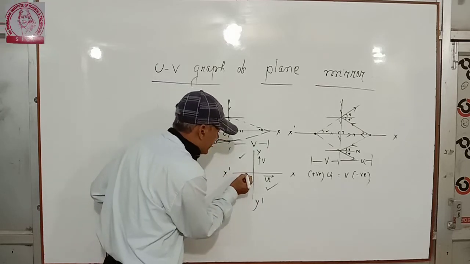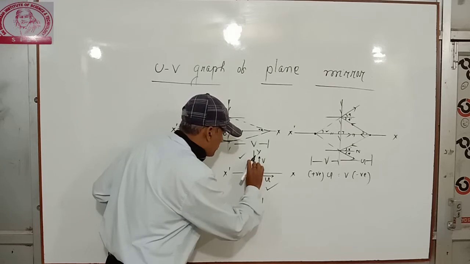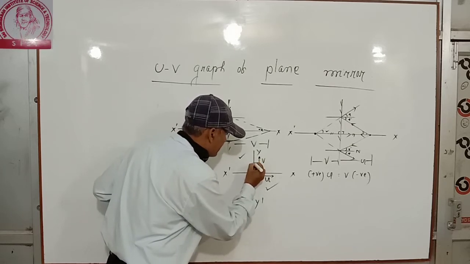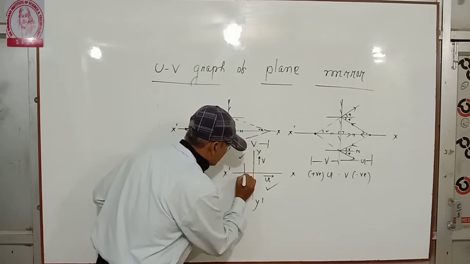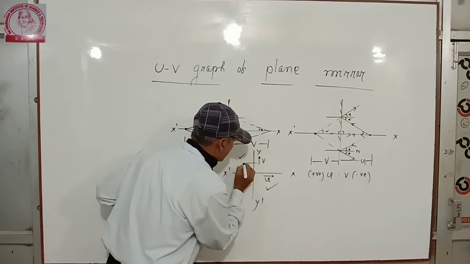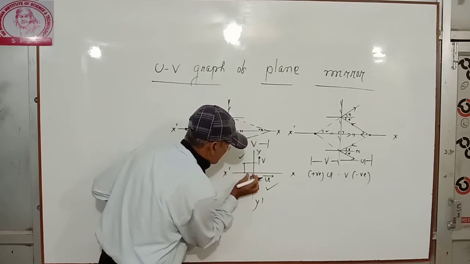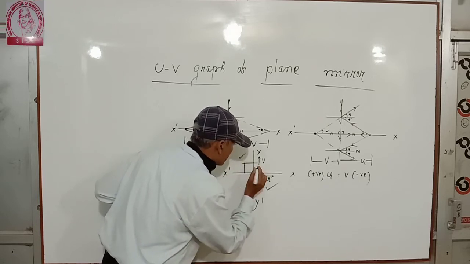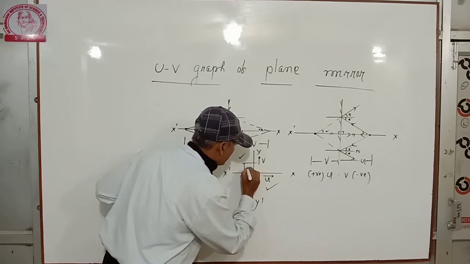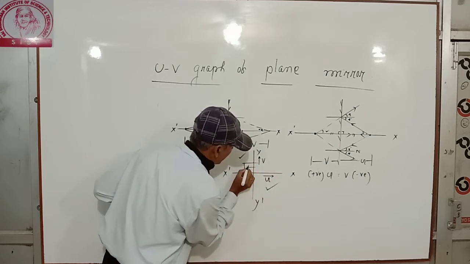Now, when u is taken this much, you have to take the same amount of v, because at the same moment v is this. Draw the perpendicular here. Here is a point. Similarly, you take u this much, take the same amount of v, and draw the perpendicular. This is another point.